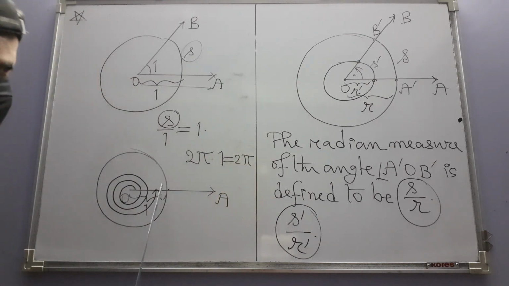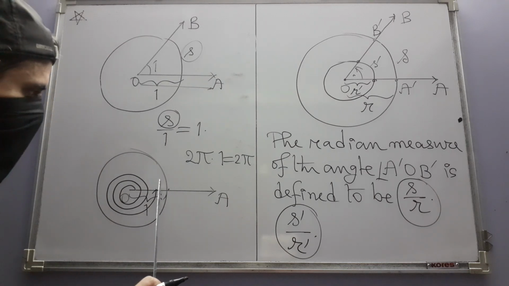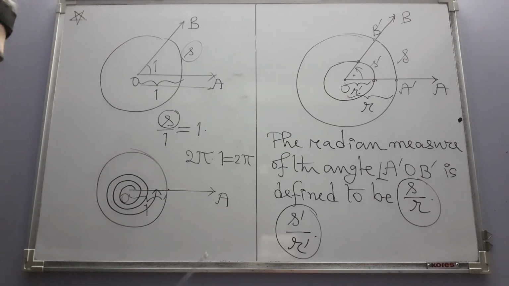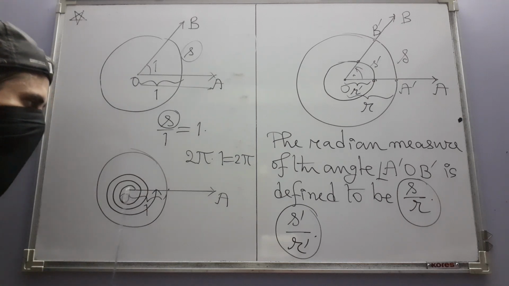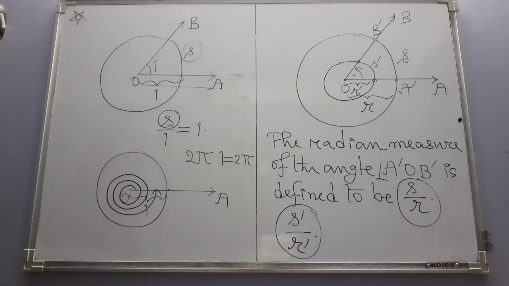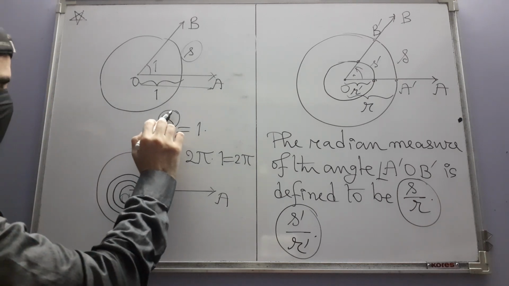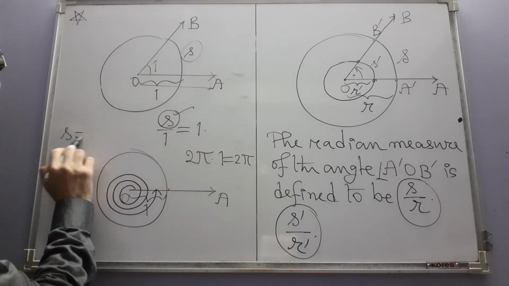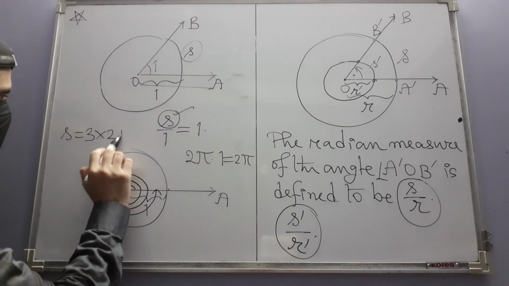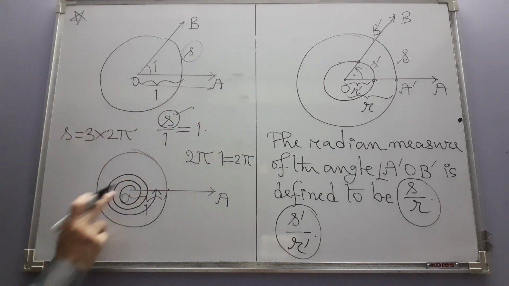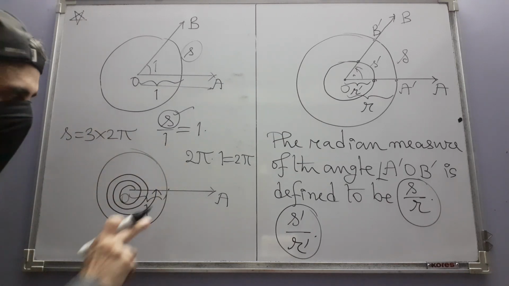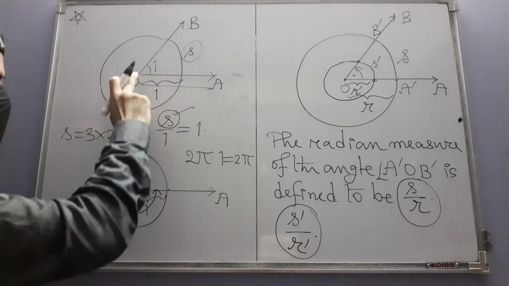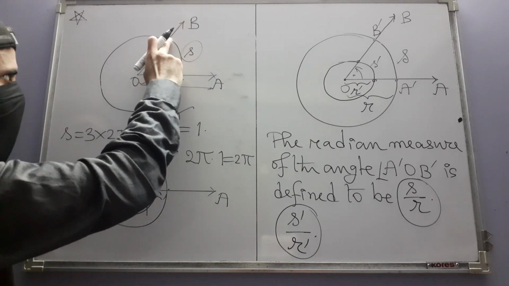That length on the circle corresponds to one revolution. But we have made 3 revolutions like this. So that means in place of S you now have 3 times 2 pi.